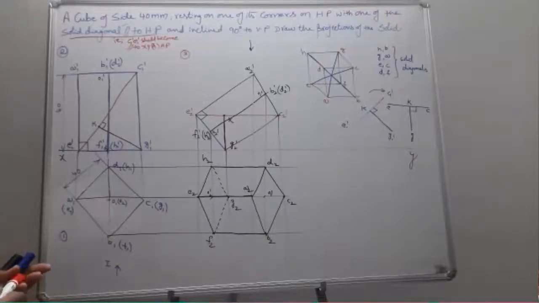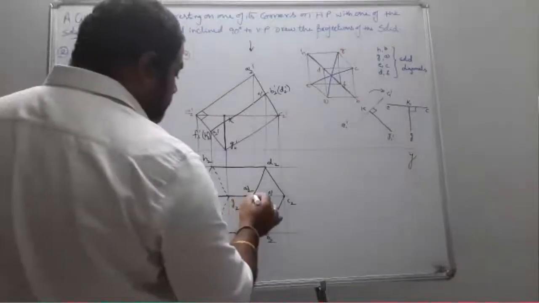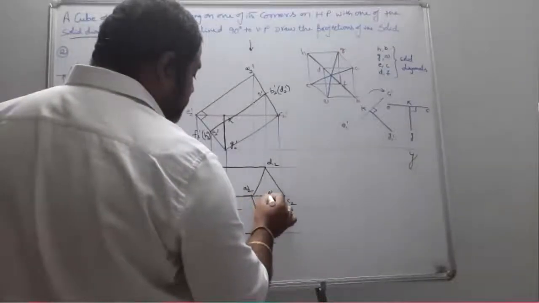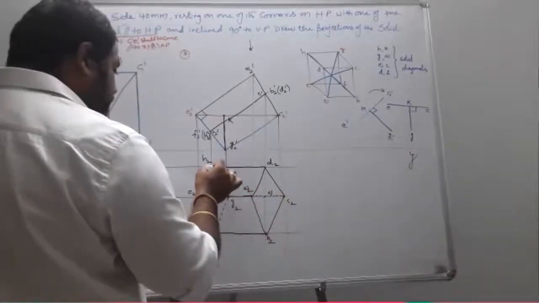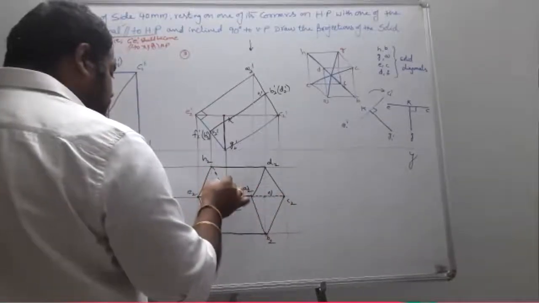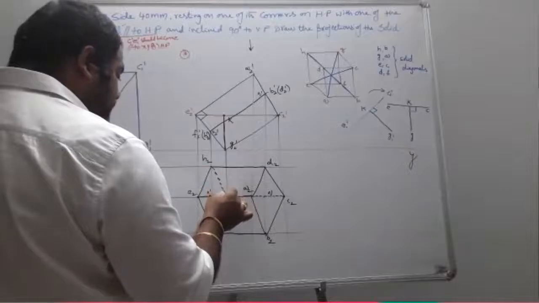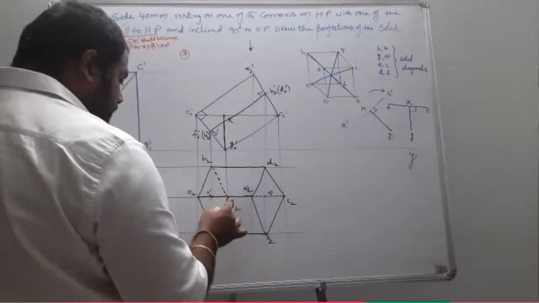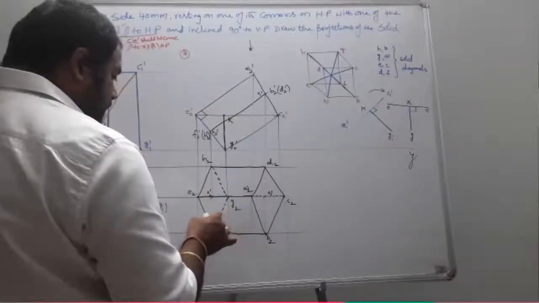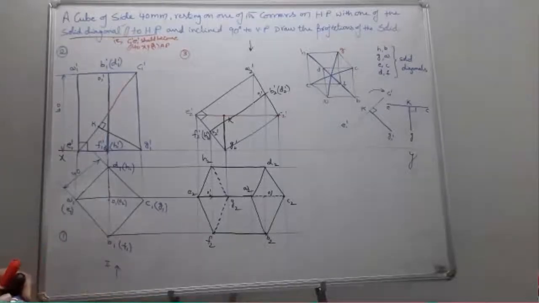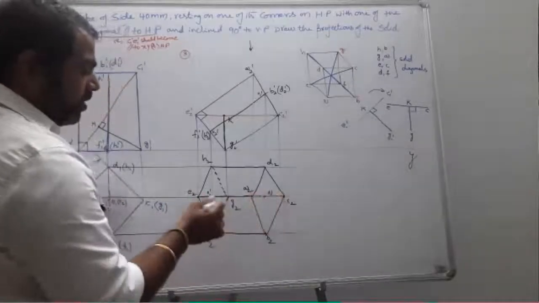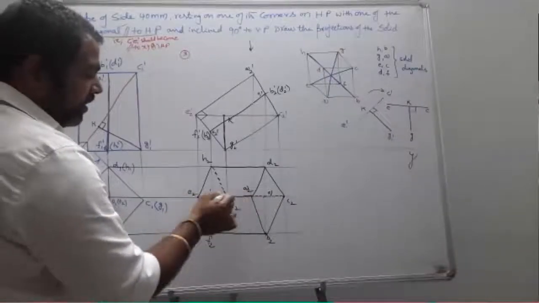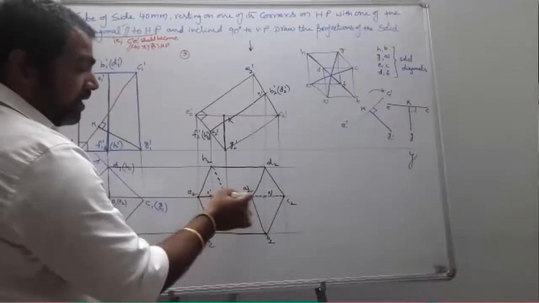When you are supposed to join G with C, it is going to be like this. Up to here it is dotted. Why? Because the lines which are passing from G are going to be dotted lines. So up to GC is going to be dotted, but up to EA it is the solid diagonal, solid line.